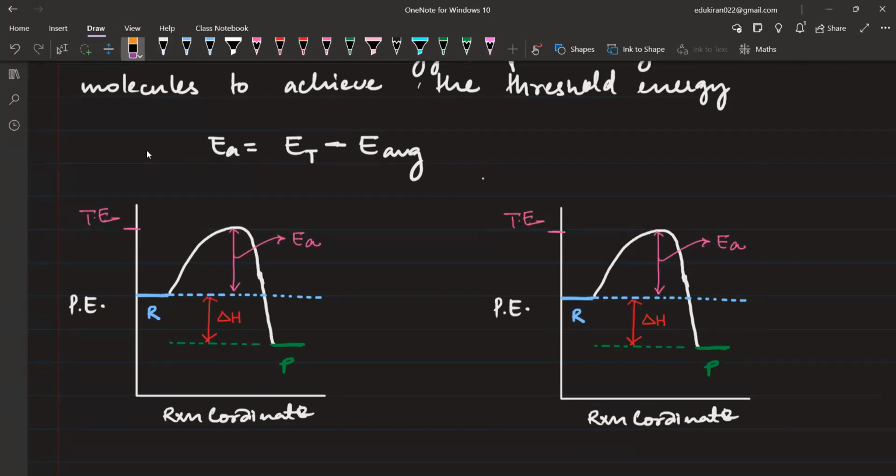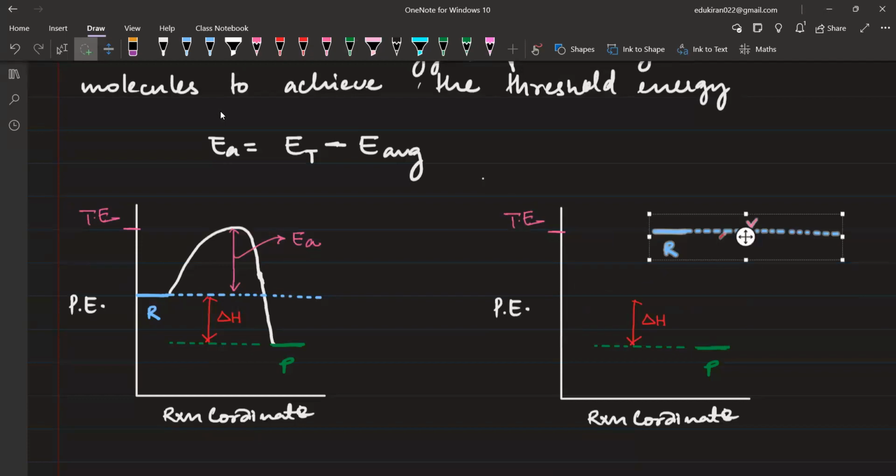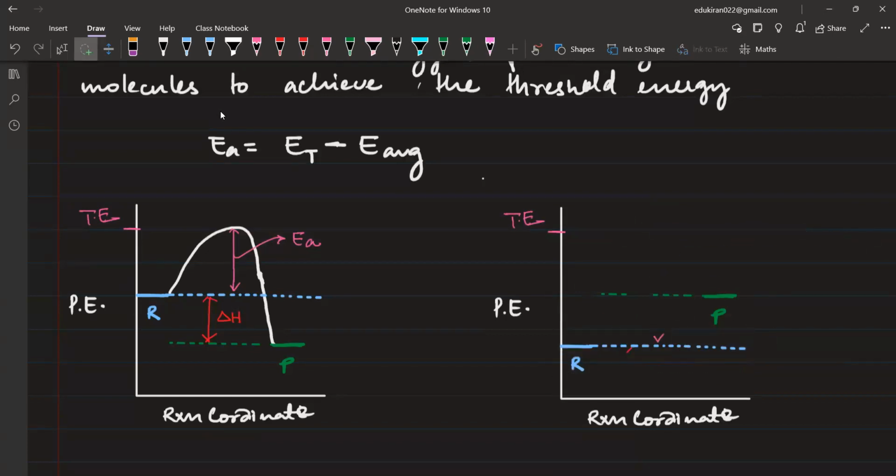I'll have to erase this part. ठीक है, in this case what is there, as you can see the energy of reactant is lower than that of product, है ना. अब आपके पास जो curve होगा, the curve would look something like this.